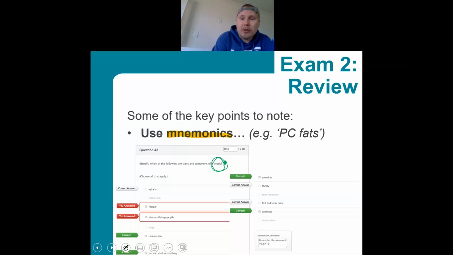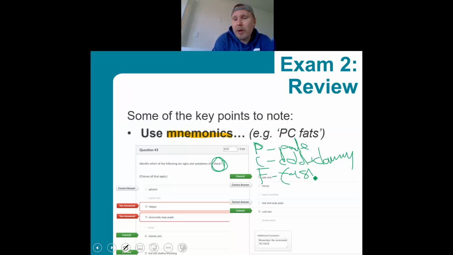P stood for pale, C for cold and clammy, P for fast and weak pulse, or fast and shallow breathing.